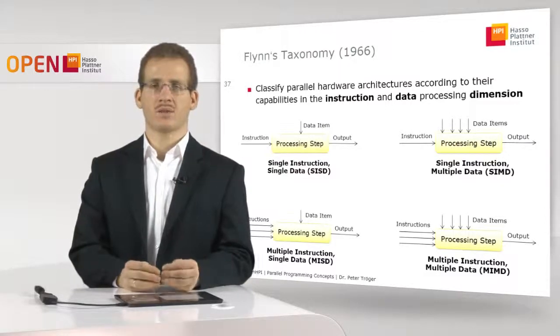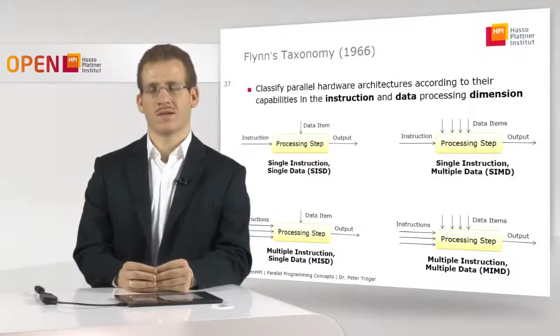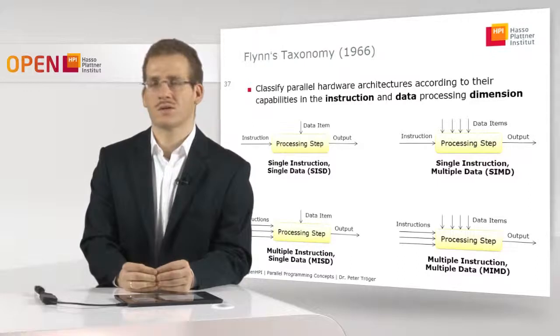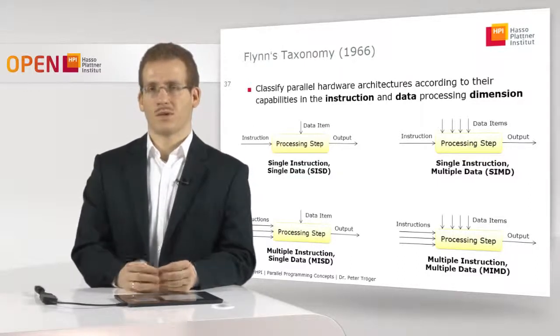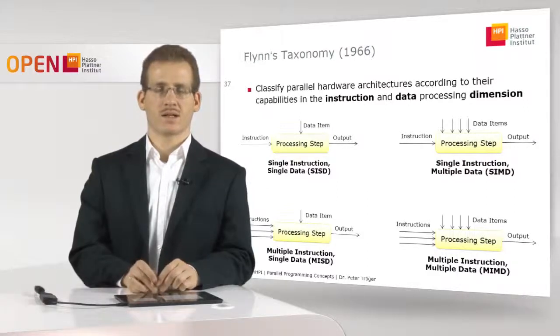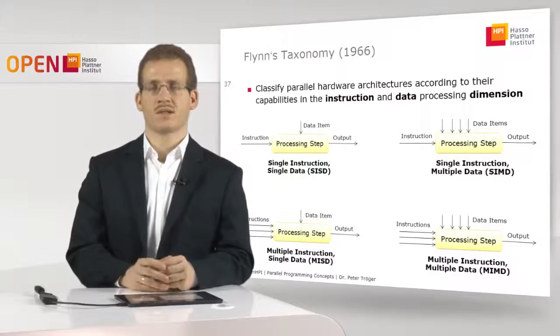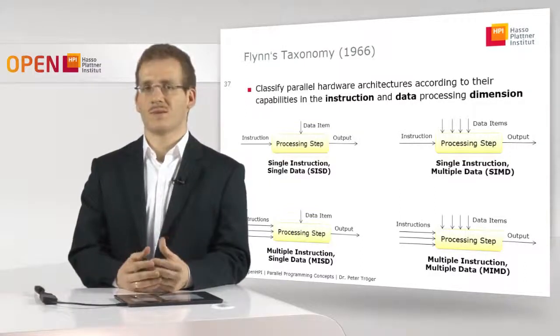The data items to be processed by the same instruction could be, for example, a vector. So this is a classical thing that you can find in, for example, SSE technology in processors or in graphic cards and GPU accelerators. The idea is always that we take a set of data and we apply the same instruction to all the elements of this data set, and we get one result.